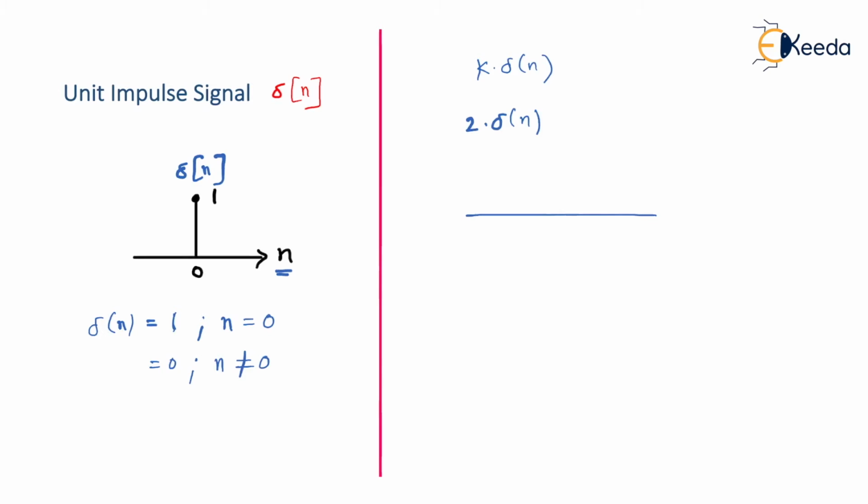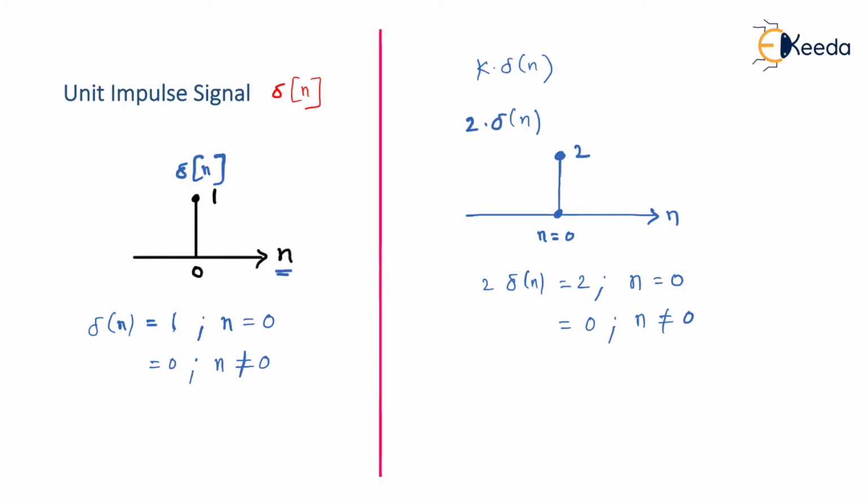And then I can draw it like this, present only at n equal to 0 having amplitude equal to 2. So I can write twice del of n equal to 2 at n equal to 0, and this is 0 when n is not equal to 0. Looking at the nature, it looks quite similar to the unit impulse continuous time signal. This is the unit impulse discrete time signal.